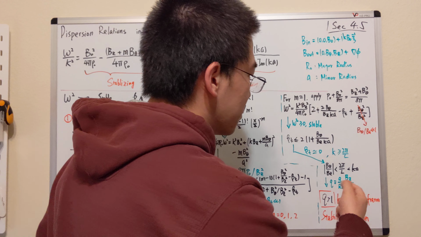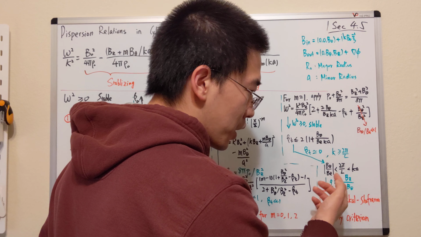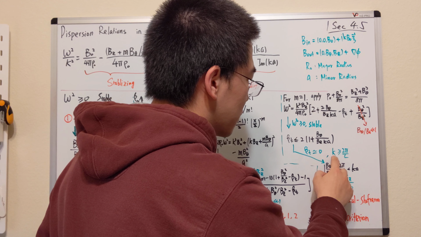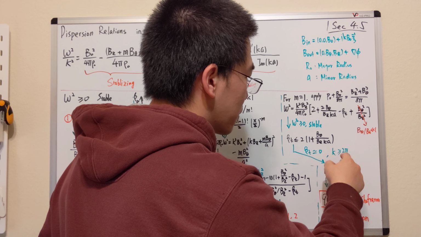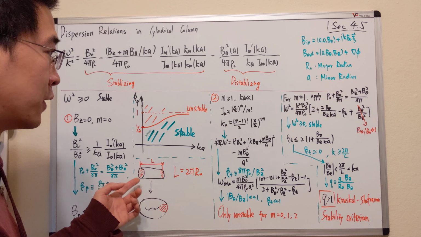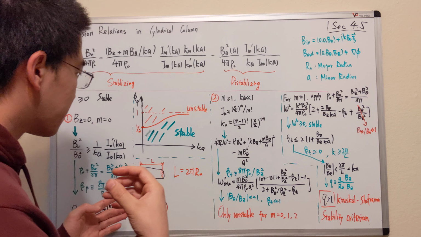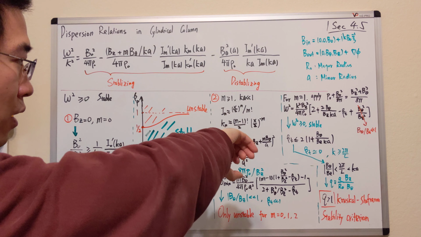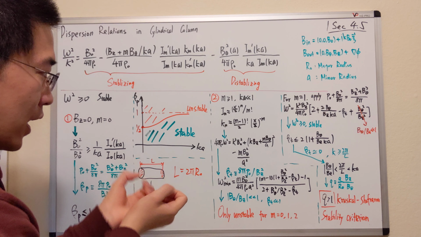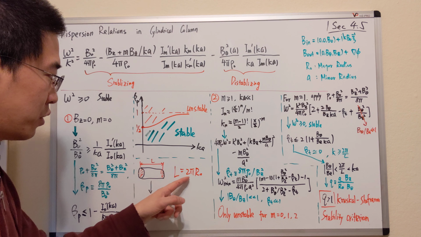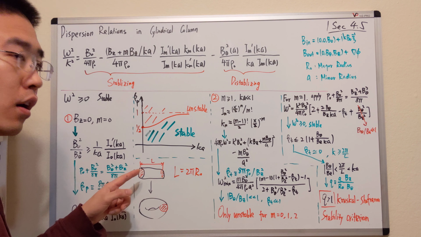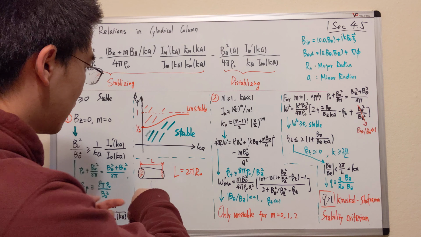We can impose a more strict restriction, because we know that k is greater than or equal to 2 pi over L. You can consider in this case that L is the length of the column, and if you take the column and bend it and let those two ends connect, then it becomes a torus, and 2 pi R0 is the major radius, which is the length of the column.